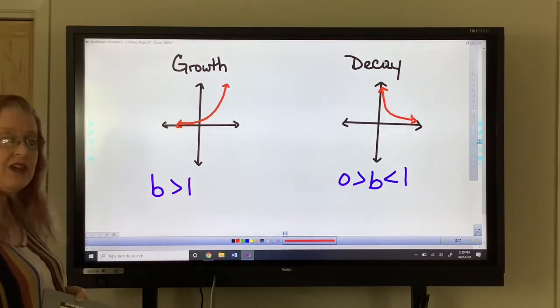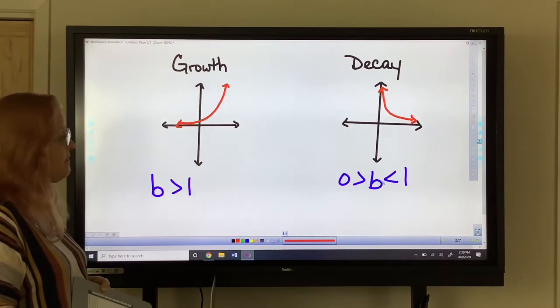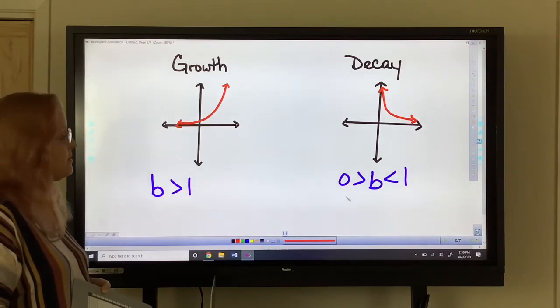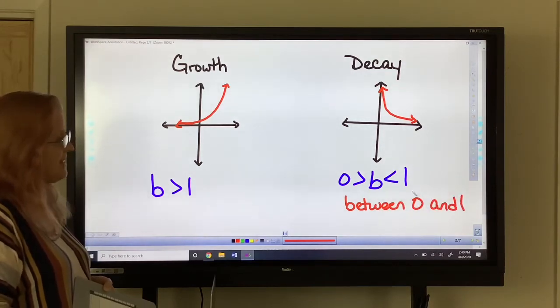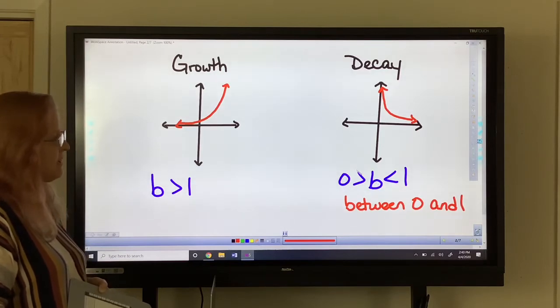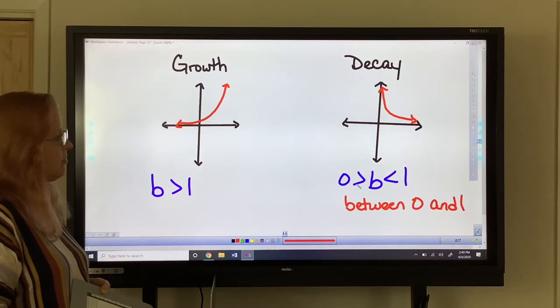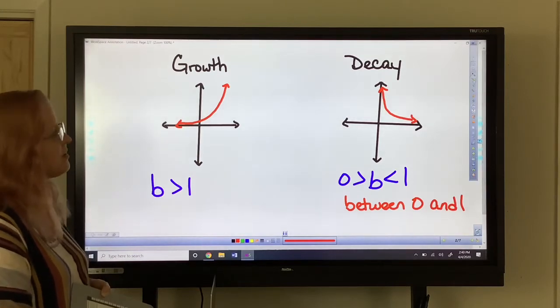For a decay value, your b value is going to be between 0 and 1. And what this says is b has got to be... sign's wrong.